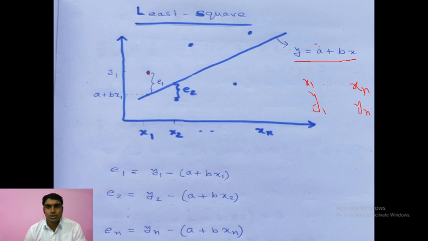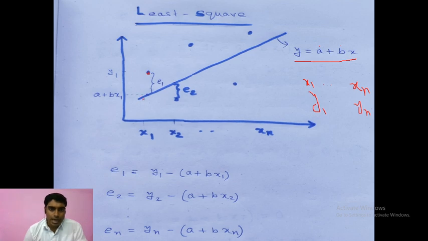So we have to estimate the best a and b so that the line is closer to all these points, and the error of approximating all these points by this straight line will be least. That's why it's called the least square.